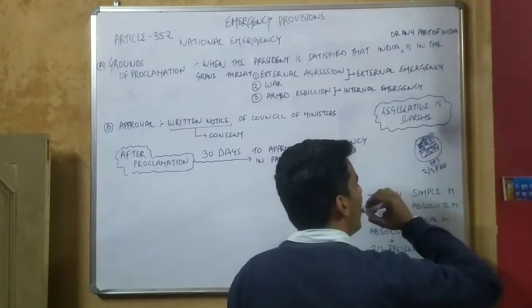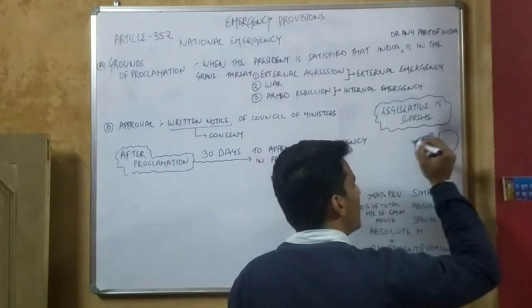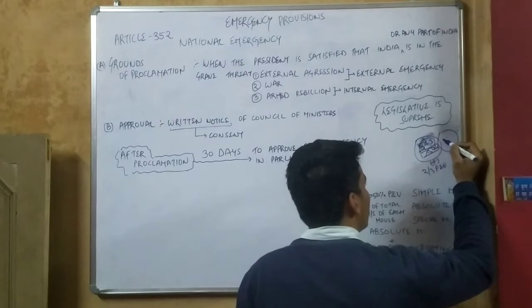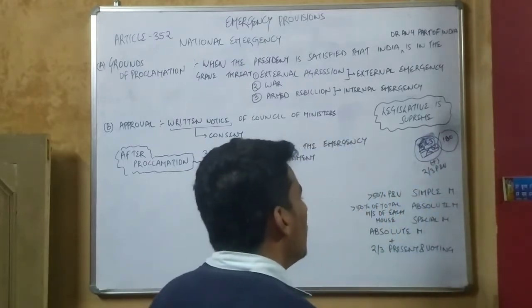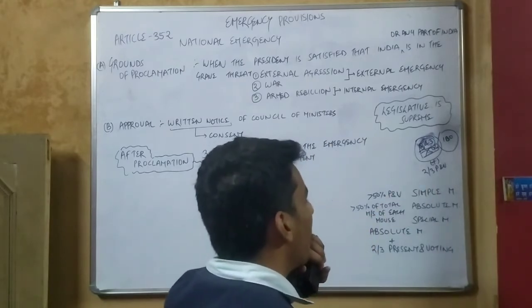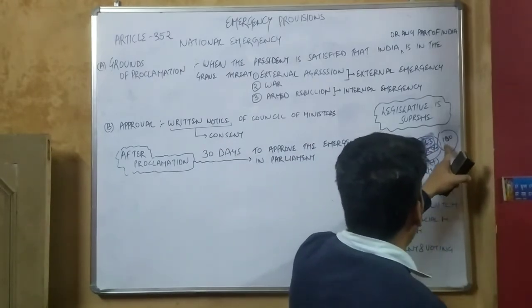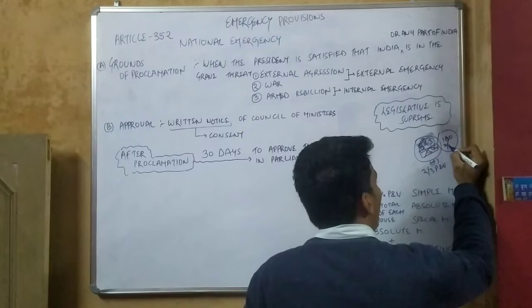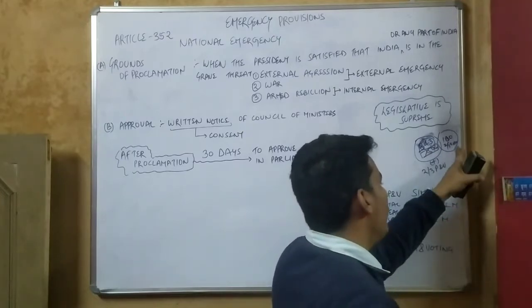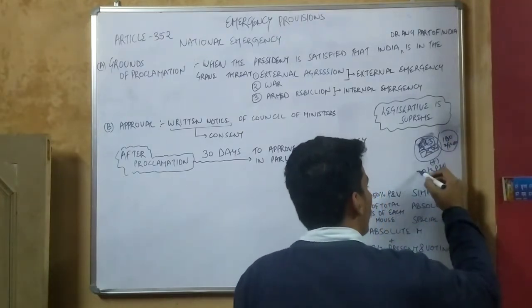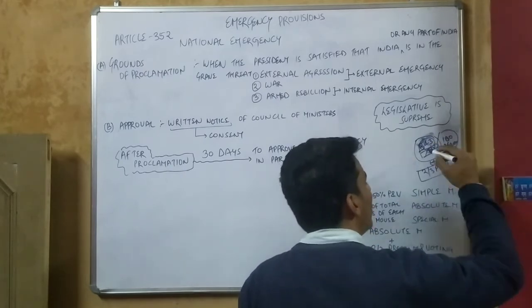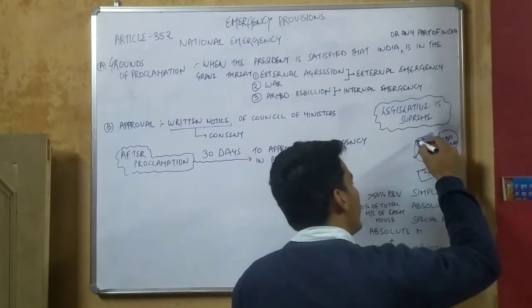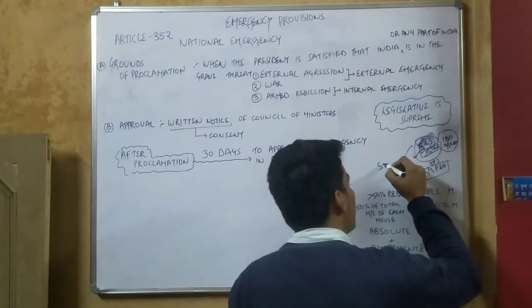And on the day the bill is presented for the emergency, suppose 180 are present. So now what will happen? 2/3 of 180 will be taken. If you get 2/3 of 180, you will achieve the 2/3 present and voting. And if you achieve more than 50% of the total membership of each house, you will achieve the absolute majority. If you achieve both, you will achieve the special majority, right?